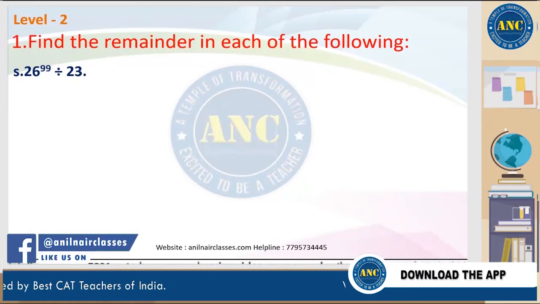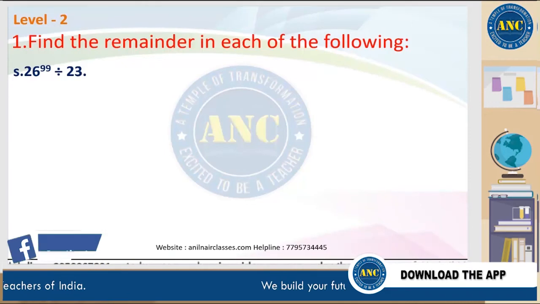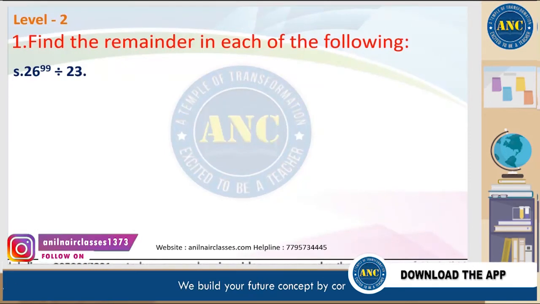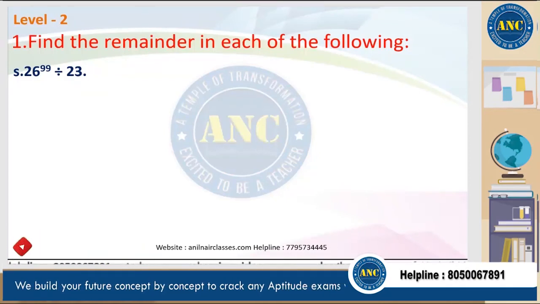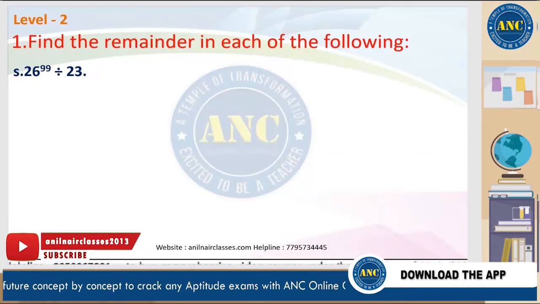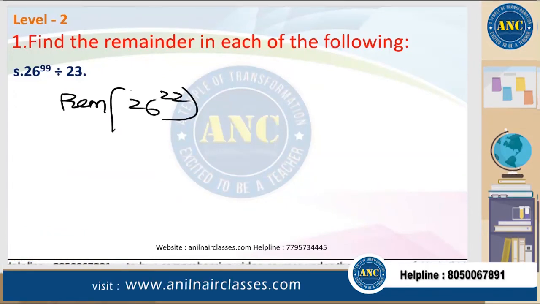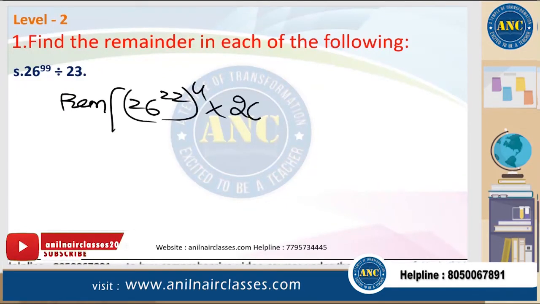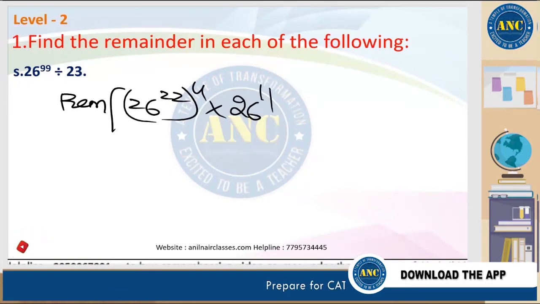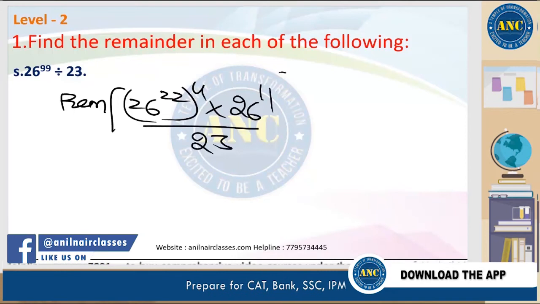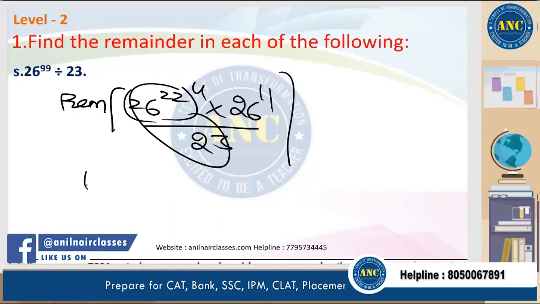Now see here. 26 power 99 divided by 23. I'm sure you can give it a try, right? So this is nothing but 26 power 22 power 4 into 26 power 11 divided by 23. So this is over.